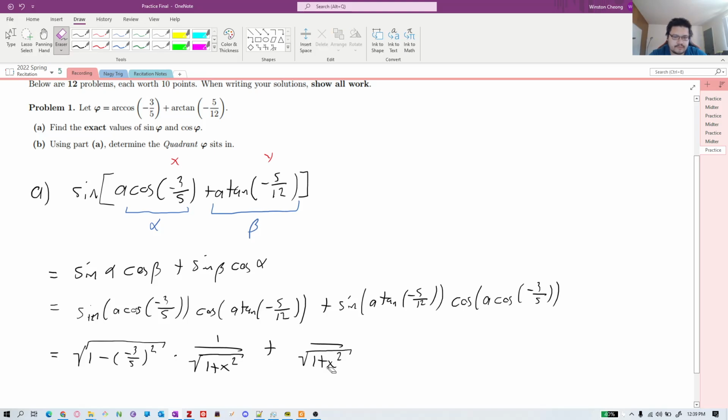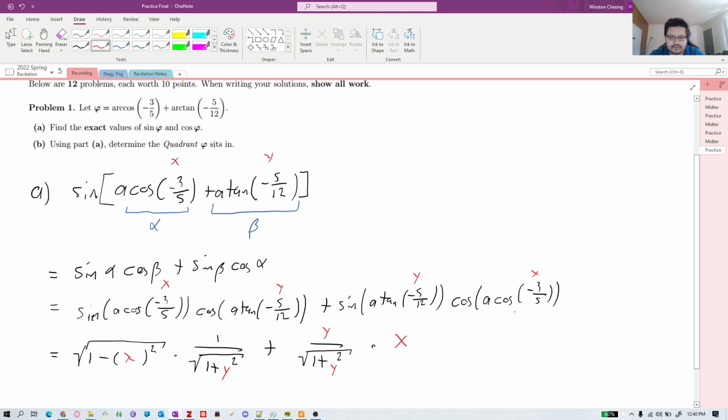Because I didn't do it this way, I actually used the actual values. So this one would be x, and this one would be y, because this is x, and this is y, and this is y, and this is x. We can see whether or not the algebra simplifies. I'm pretty sure it doesn't, but let's just do it to check.